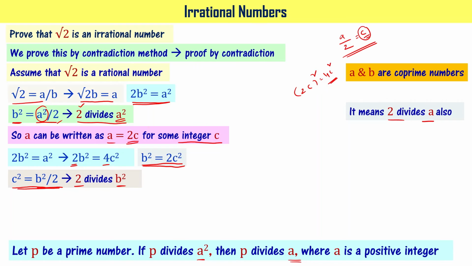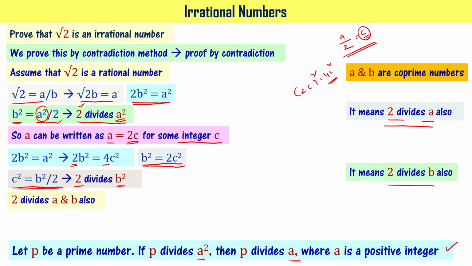As per this particular statement, 2 divides b also. Right? Here we have seen that 2 divides a. Here we have seen that 2 divides b. Right? It means a and b have a common factor, that is number 2. You see, 2 divides a and b also.